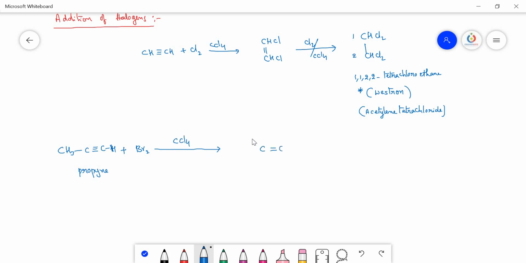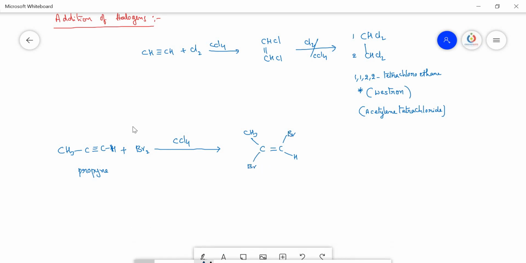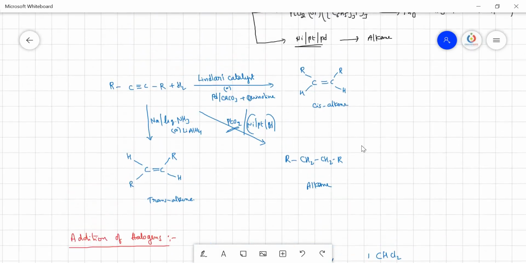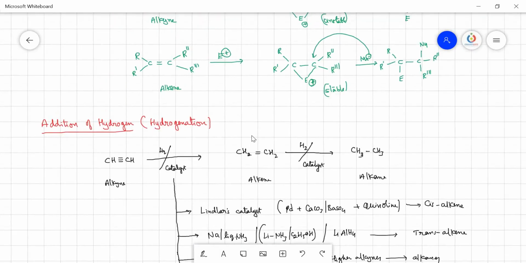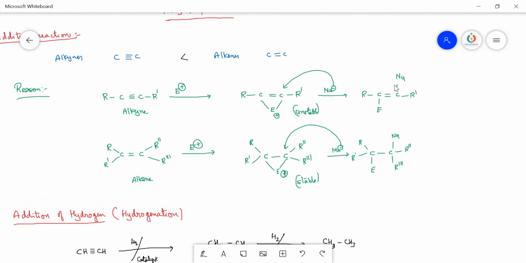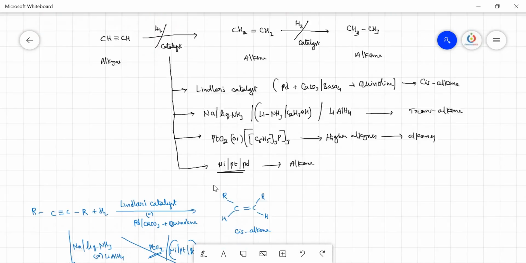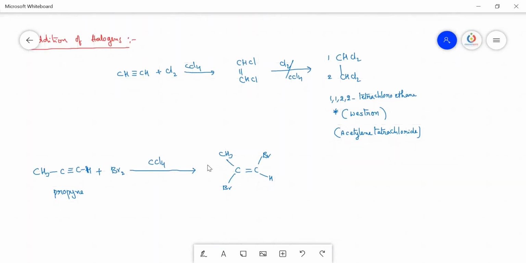So here CH3, hydrogen, bromine and bromine. You can expect why we are getting this type of molecule, because the concept has been discussed over here. After opening, the locations of the electrophile and nucleophile are opposite to each other, so we may say that it is a trans product.